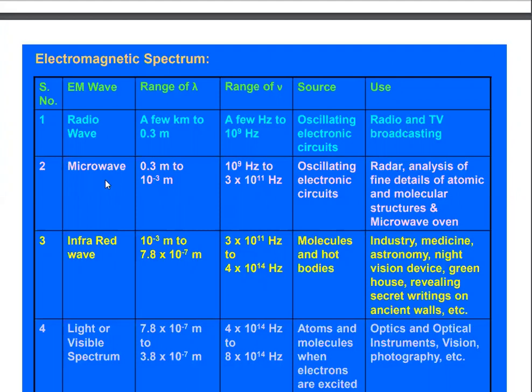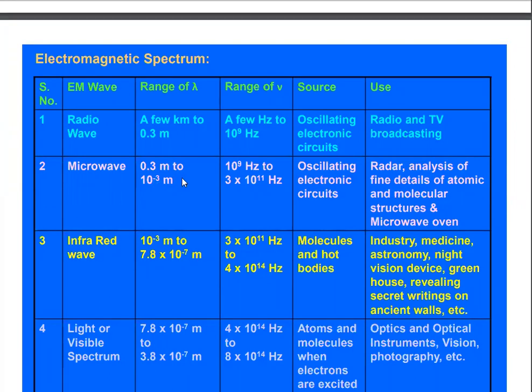Next comes microwave. Microwave will have wavelength range a little bit shorter than that of the radio wave. So microwave is another component of electromagnetic spectrum which varies in wavelength from 0.3 meter to 10 to the power minus 3 meter.